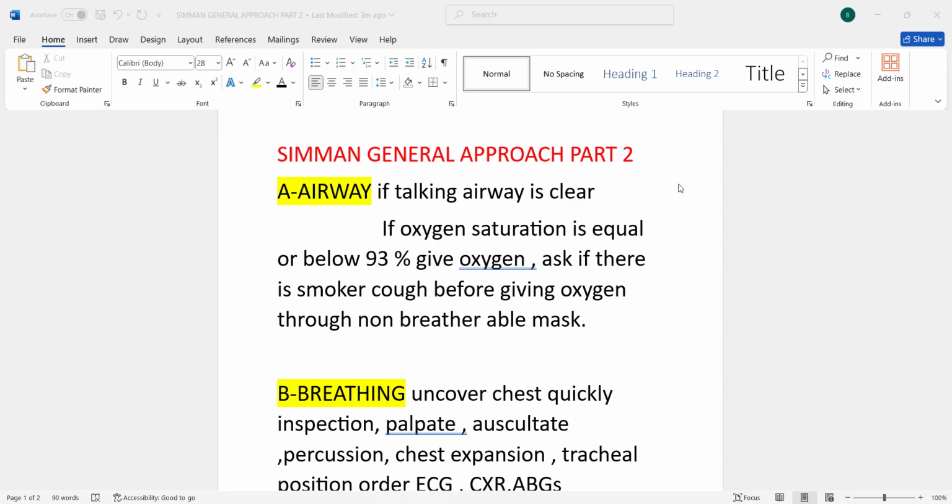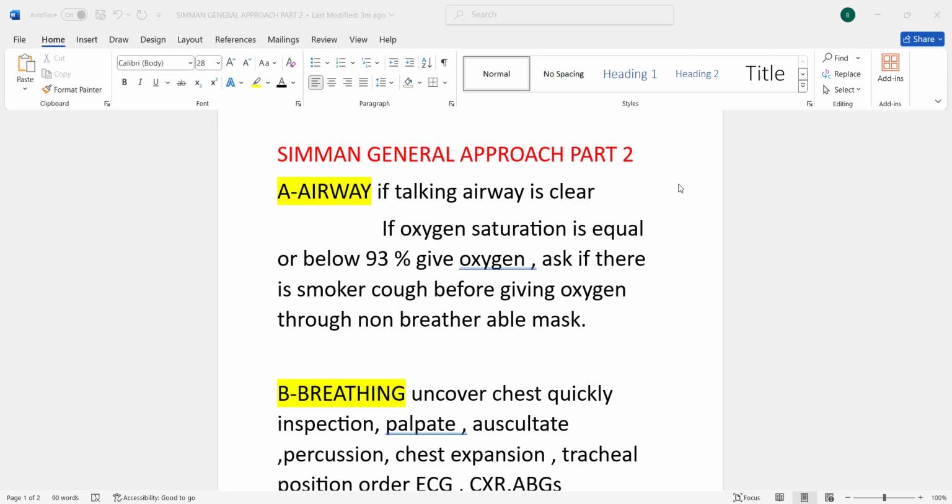And if his vitals are normal and he's not talking properly, then he might be in disability, for example hypoglycemia or morphine overdose related issues. So let's start. A is airway.